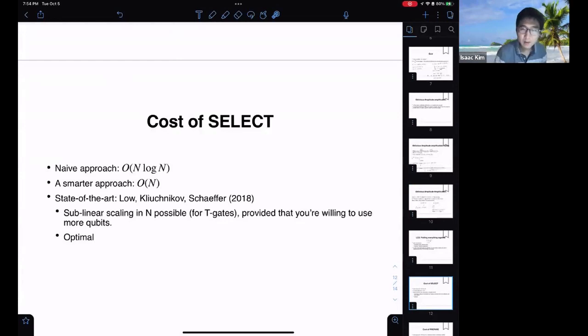But a smarter approach can get down to order n. And I would say the state-of-the-art approach, which was due to Low, Kliuchnikov, and Schaeffer, can actually achieve a sublinear scaling in n for the T-gates, which are the most expensive ones. But the price you have to pay is that you need more and more qubits. There are faster approaches, but probably those will be implemented in the far future, not in the very near term.